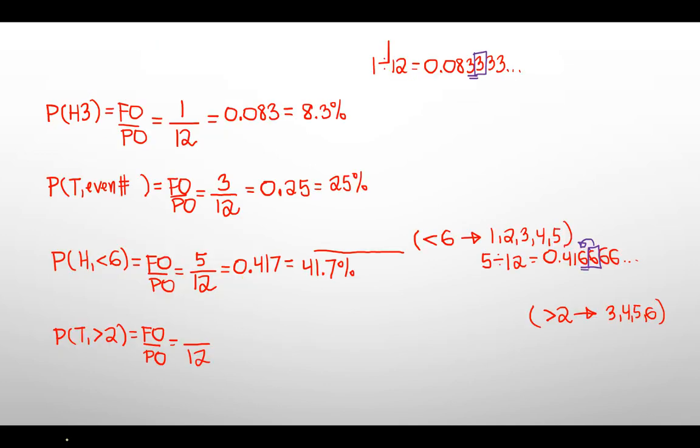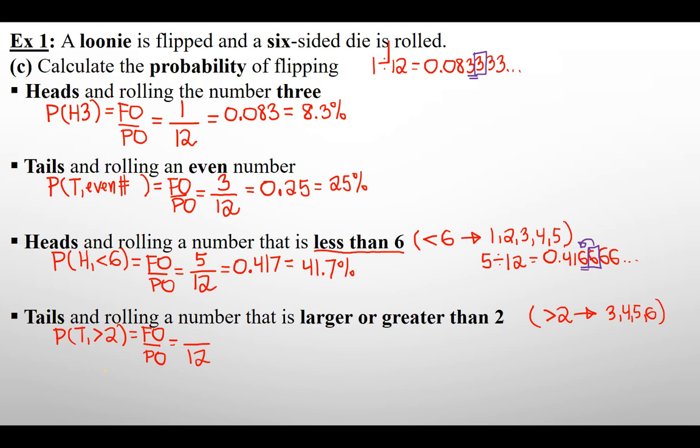Okay, so this would then be 4 over 12. Now, 4 over 12, if I calculate it, is again going to give me a repeating decimal number, which is 0.33333, and it repeats on like that.